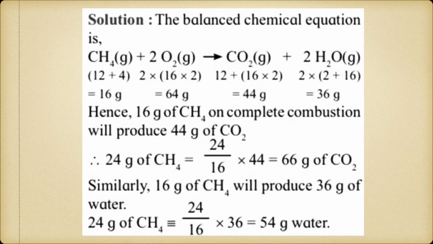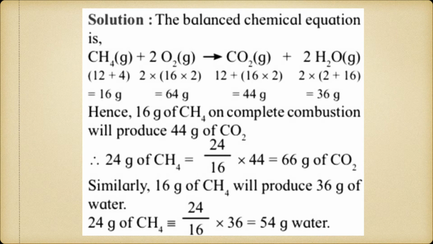So, my equation will be CH4 plus 2O2 will give me carbon dioxide plus 2H2O. Okay, once that is understood, next step is to write down in terms of moles. That is, 1 mole of methane reacts with 2 moles of oxygen to give 1 mole of carbon dioxide and 2 moles of H2O.